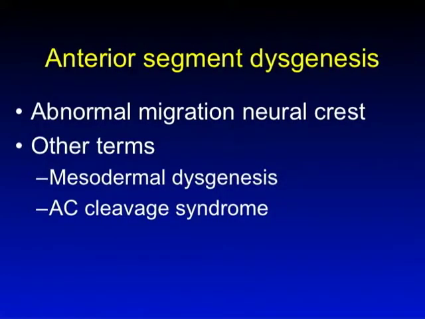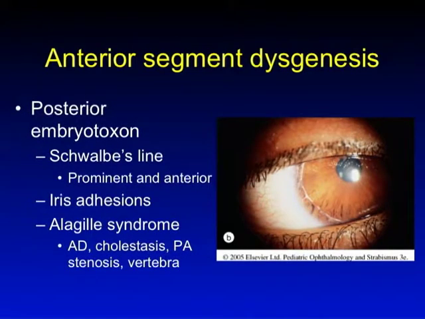Anterior segment dysgenesis. I think a good way to memorize this is that the simple one is just an anteriorly displaced Schwalbe's line, which is going to be a posterior embryotoxon, just like this. Very common finding. When this is associated with systemic involvement, like I mentioned, it's called a syndrome.